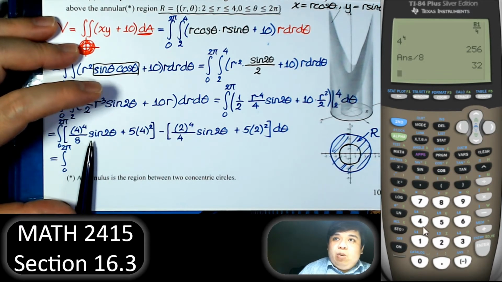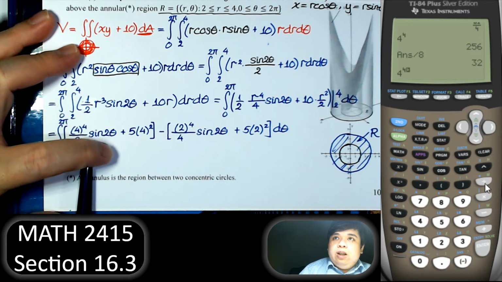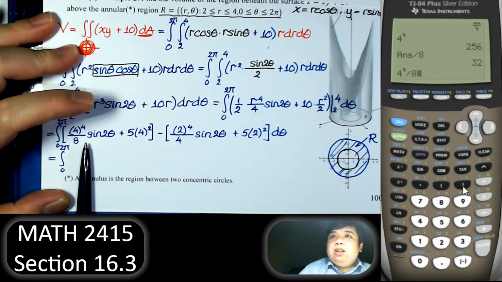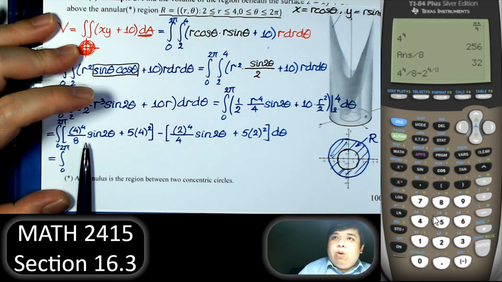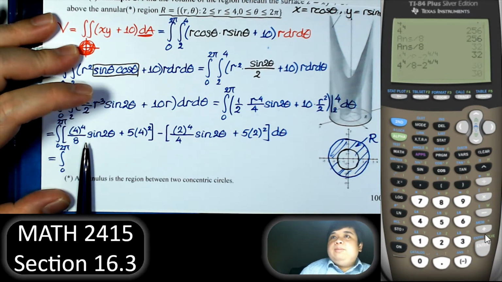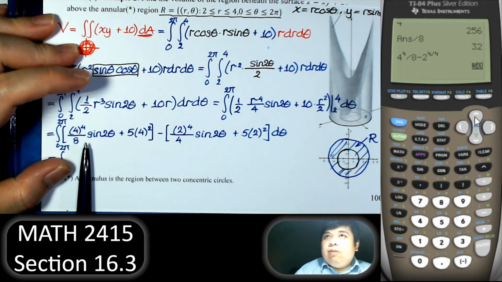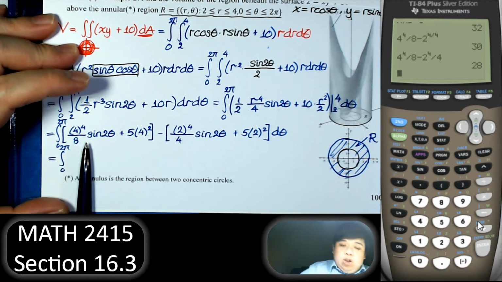We have 4 to the 4th divided by 8, and then we subtract 2 to the 4th over 8. So that should be 28.